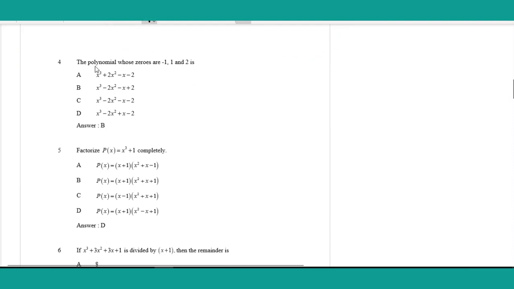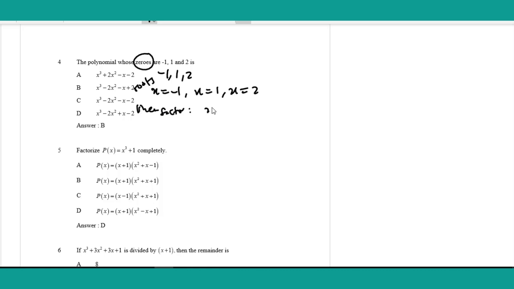Number 4, the polynomial whose zeros are negative 1, 1 and 2 is... Zeros means roots, and then we find the linear factors: x plus 1, x minus 1, x minus 2.